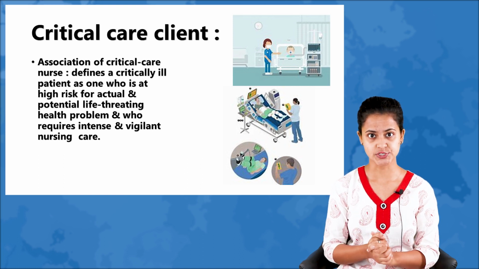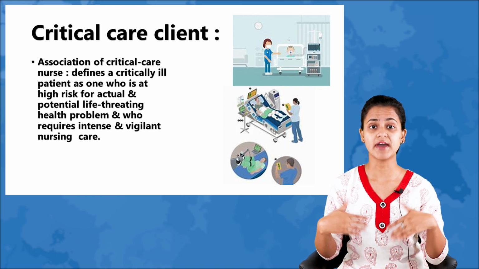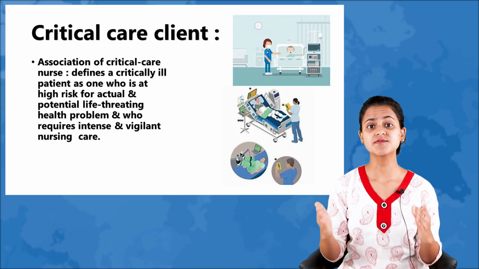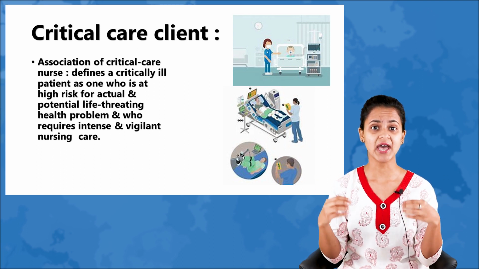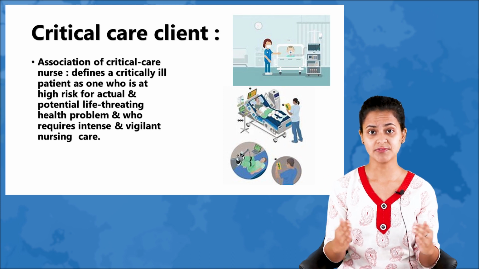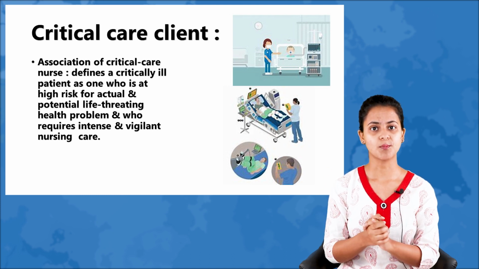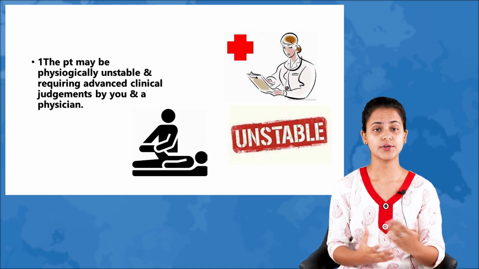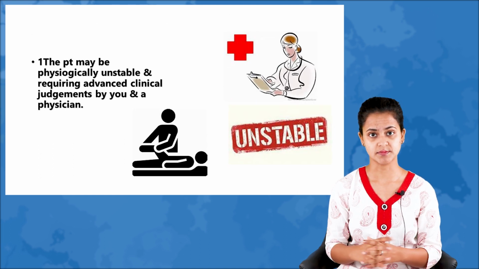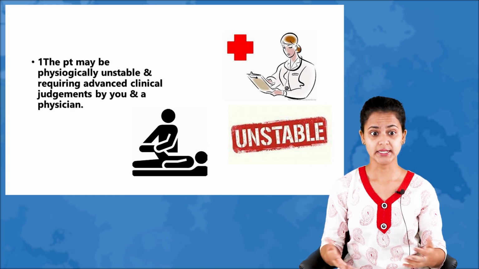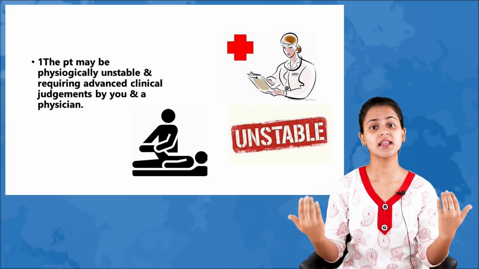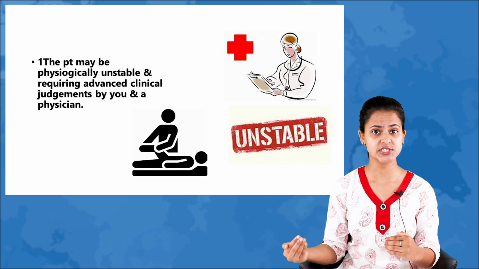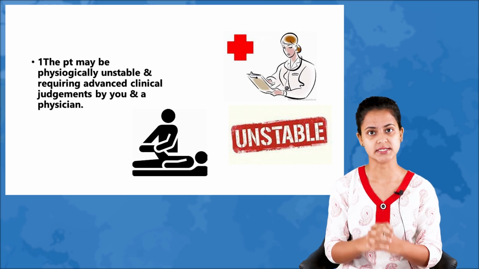They definitely require very specialized, intensive and vigilant care, and even continuous monitoring. Critically ill patients often will be physiologically unstable, requiring advanced clinical judgment by the physicians as well as the nurses.